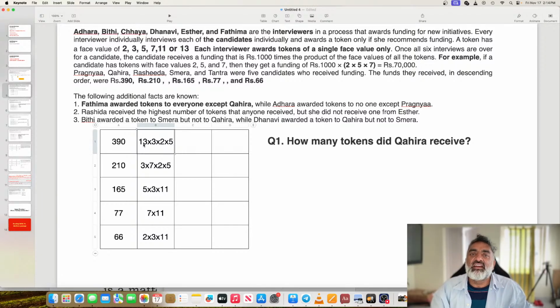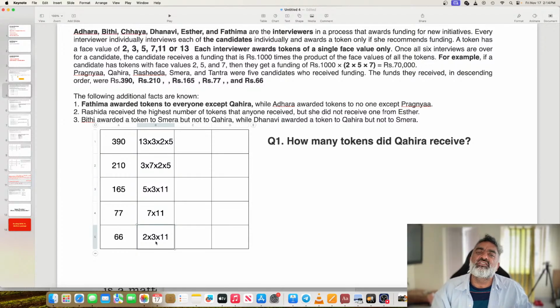And as I think it, I realize, okay, I'm looking for a number which is there in 4 out of these 5 boxes, basically, right? So there is a 3 here, 3 here, 3 here, and a 3 here. The 3 is everywhere.